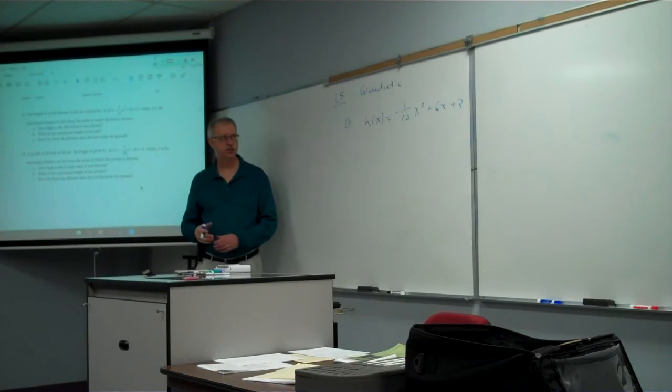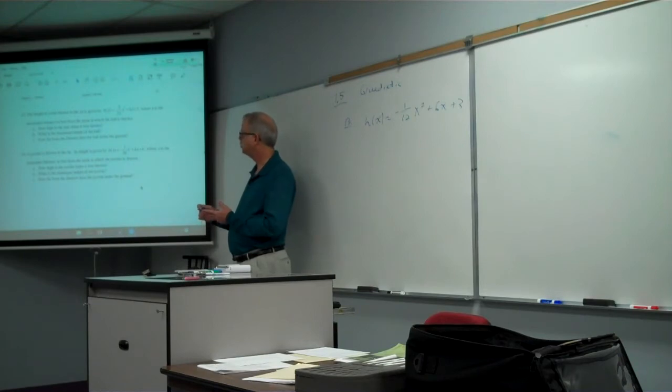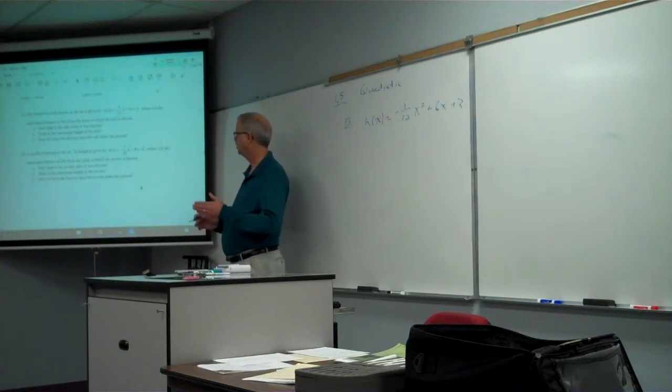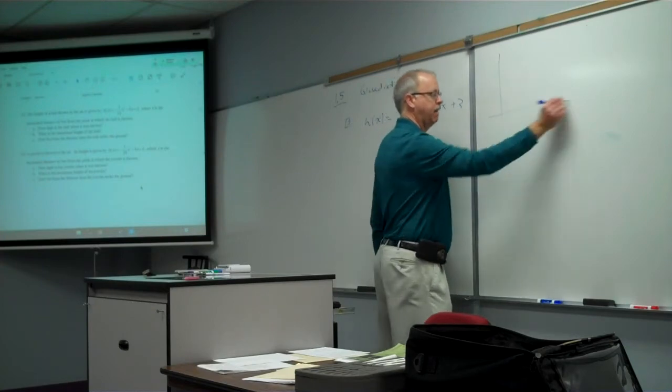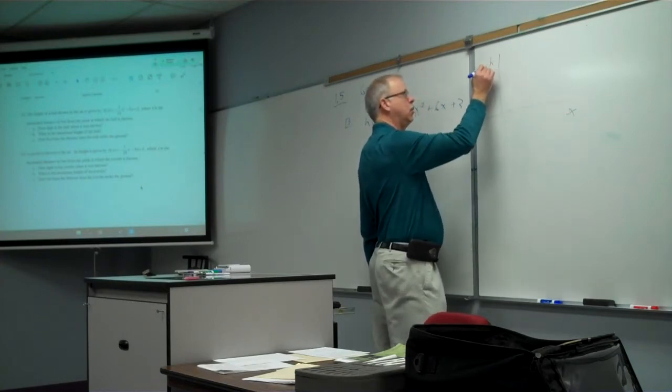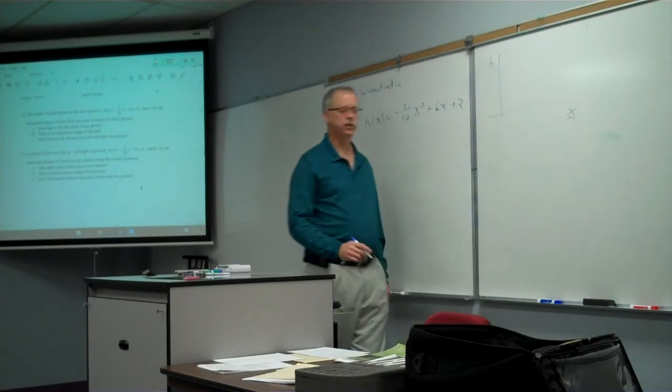Looking at the physics of the situation, but that's the height at any time, and we want to know how high is the ball when it's thrown, what's the maximum height, and how far from the thrower does the ball strike the ground. So x is the horizontal distance. So we've got our height versus the horizontal distance.